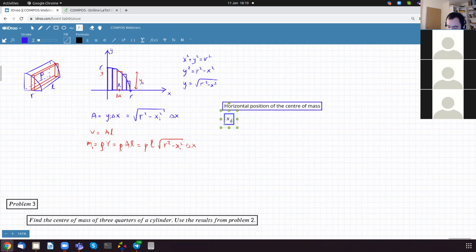So X center of mass is equal to the fraction M1 X1 plus etc. plus Mi Xi plus etc. plus Mn Xn, over M1 plus M2 plus etc. plus Mi plus etc. plus Mn.